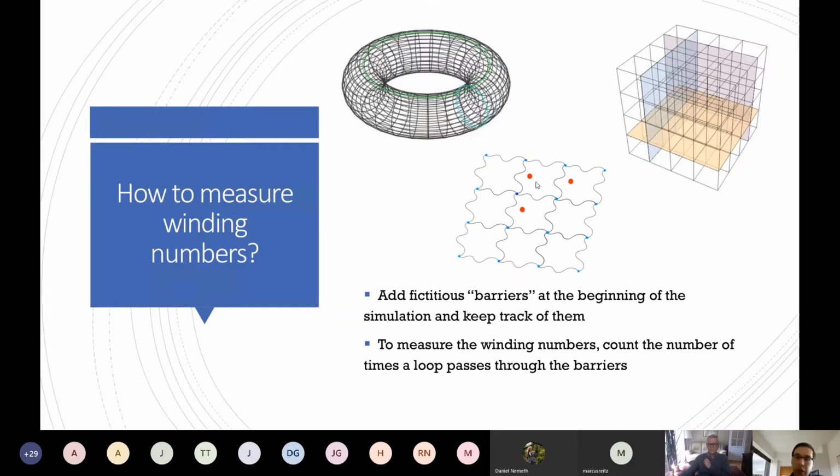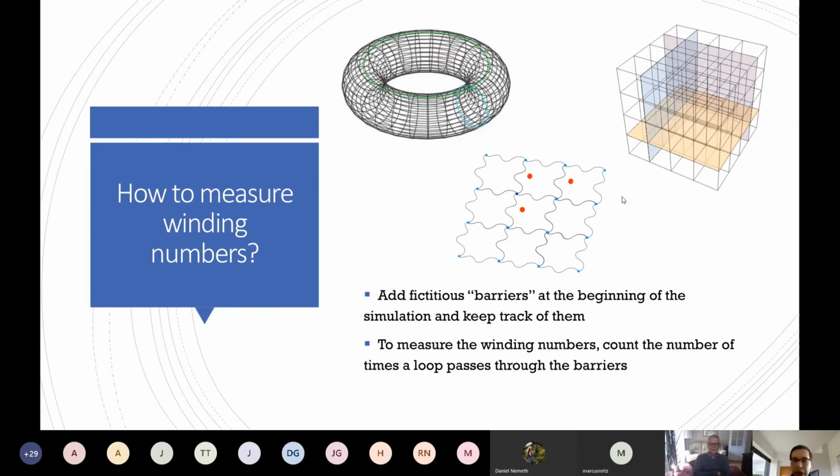And then a loop of non-trivial winding numbers is just a path connecting a simplex to its copy in another elementary cell.